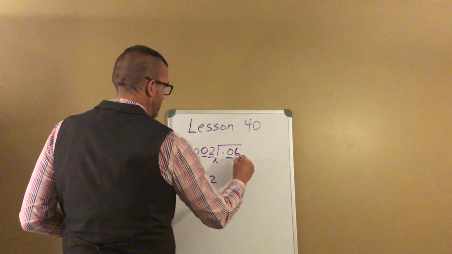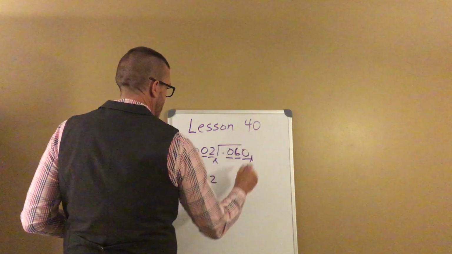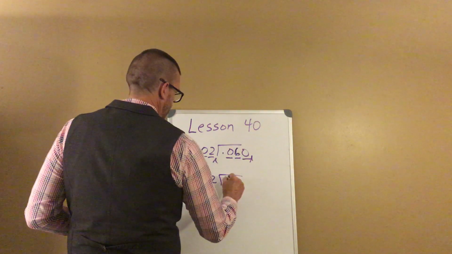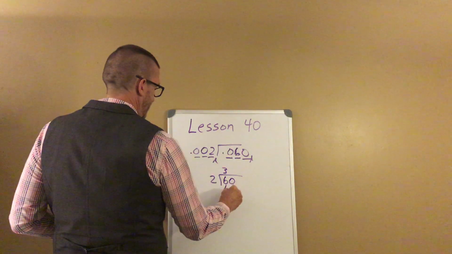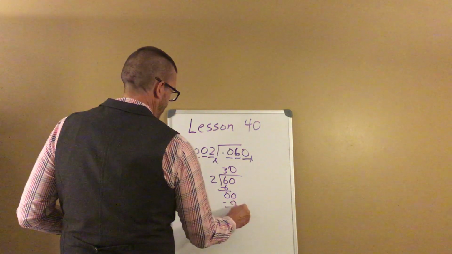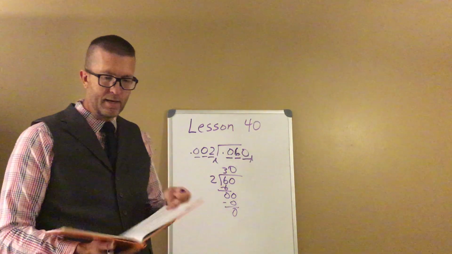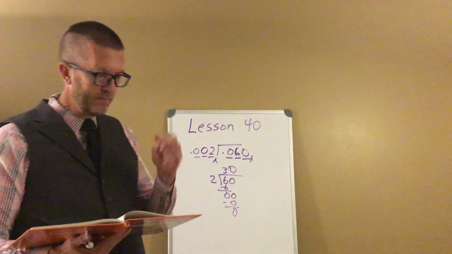I shift this once, twice, 3 times. Add a placeholder, insert my decimal there. That makes it 60. Then we divide. And we get 30. Not bad. Not bad at all. That's 15 and 16.